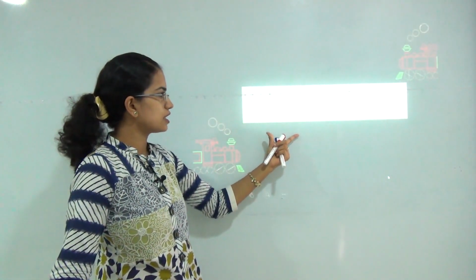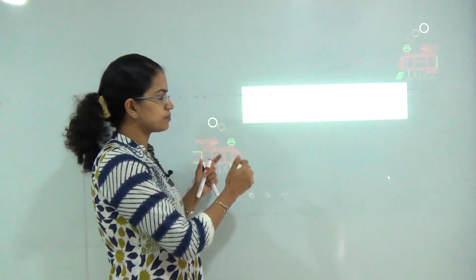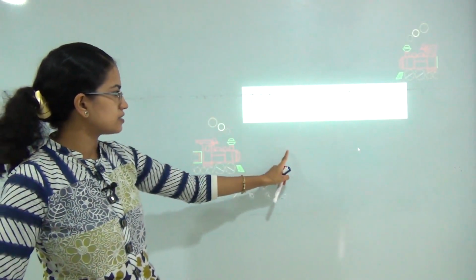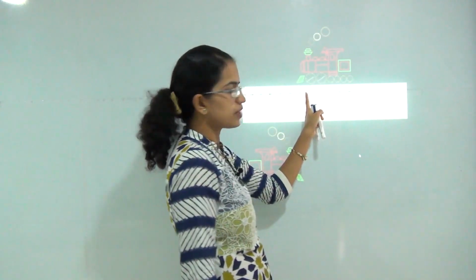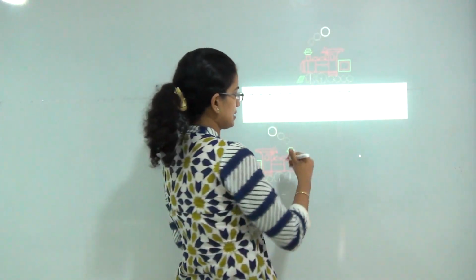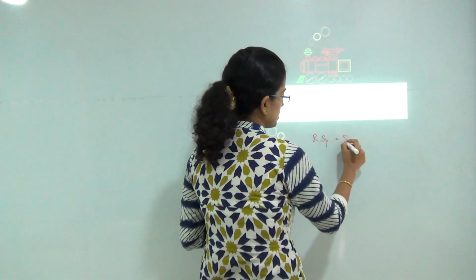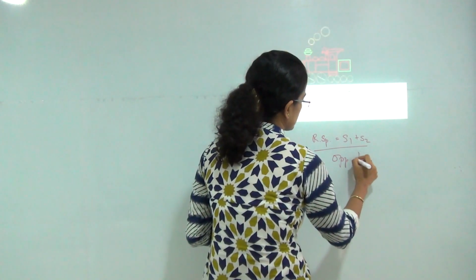So the relative distance here would be 150, and therefore we can say relative speed is also 150, and that we can say if this is moving at a speed of 50 kilometers per hour and this train is moving at a speed of 100 kilometers per hour, the relative speed is the addition of the two speeds, that's S1 plus S2, when the trains move in opposite direction.